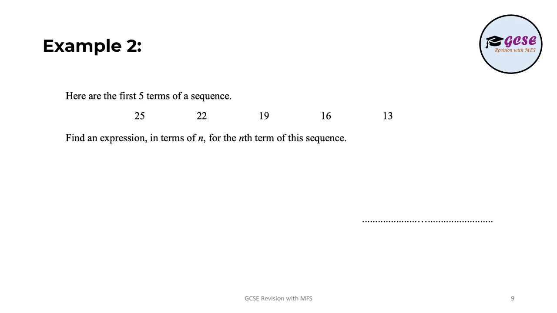So here are the first 5 terms of the sequence. We're working out the nth term of the sequence. So 25, 22, 19, 16, and 13. Step 1, work out the difference. Subtract 3, subtract 3, subtract 3, and subtract 3.